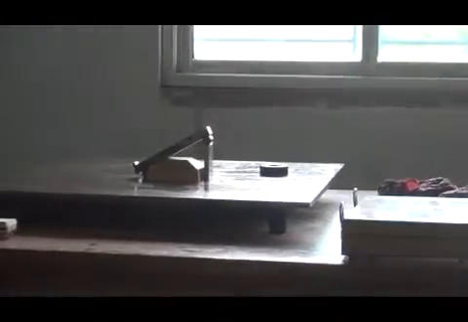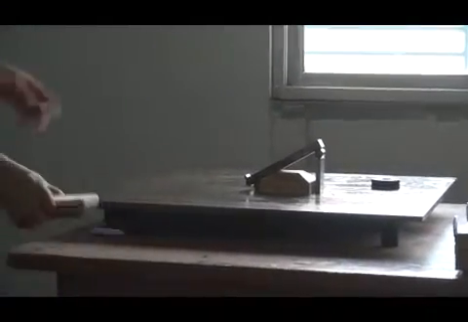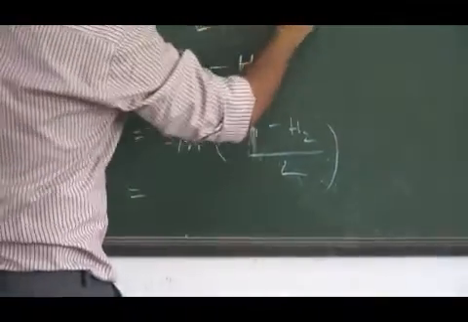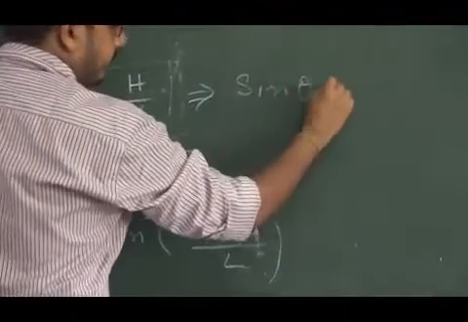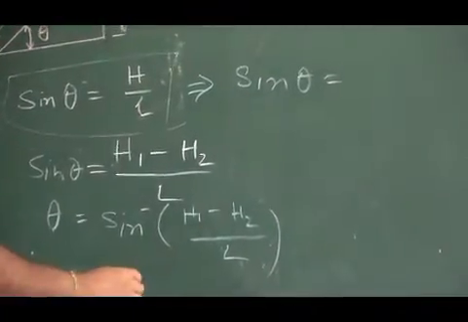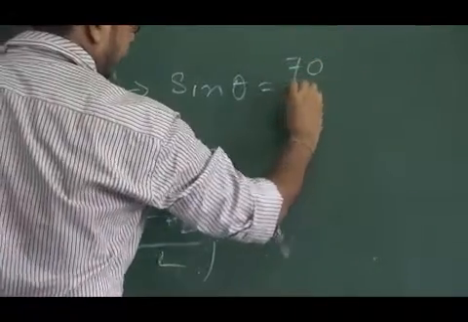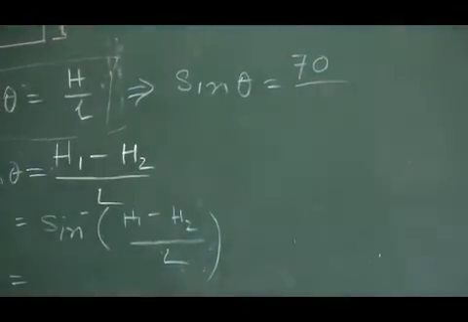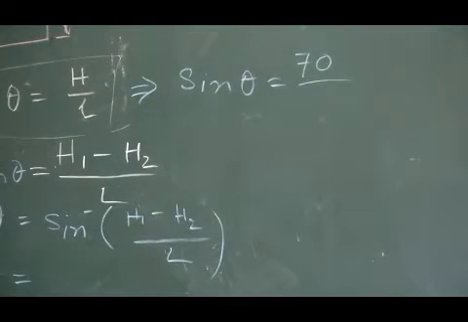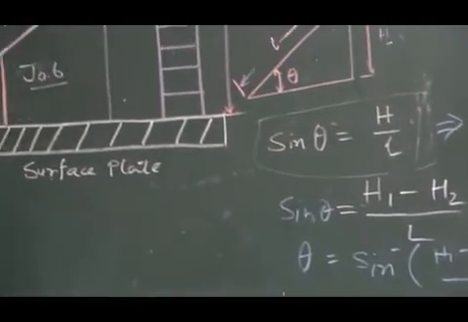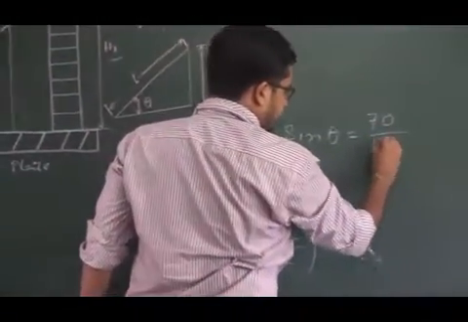So we are going to measure the angle. Here on this board, we find sine theta. The height of this slip length is 70, and the length of the sine bar between the rollers is 100.